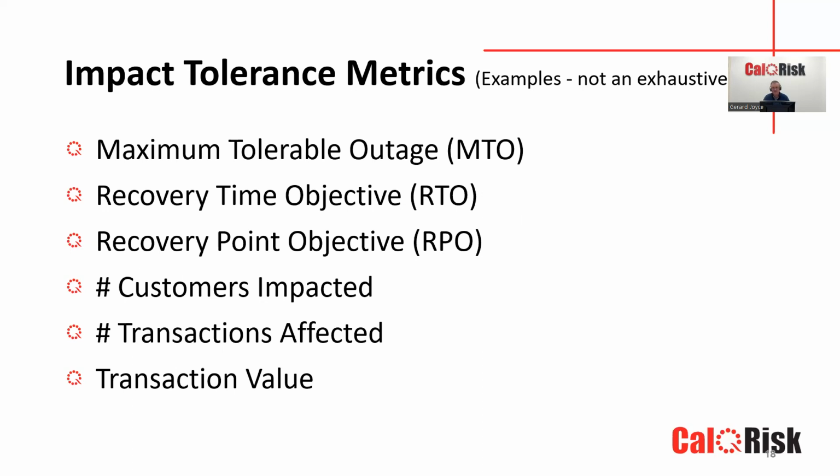Think of it this way: the RTO is always less than the MTO, and the reason it's less is it sometimes takes time, and I've seen it. I've always tended to have RTO half the MTO because organizations take too long to make that decision to go to the recovery plan. So the people who have to recover know they've got an RTO. They need to be able to recover from when the green light is given or the button is pressed to where the recovery is complete. That's the RTO.